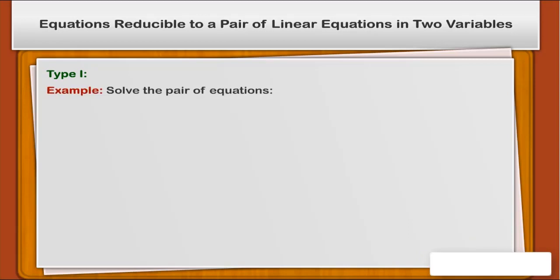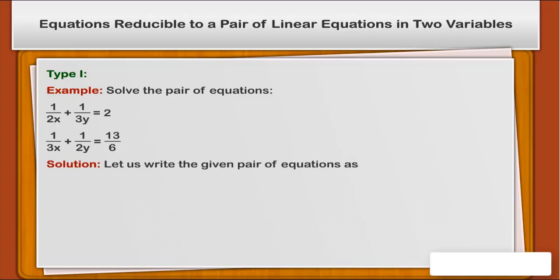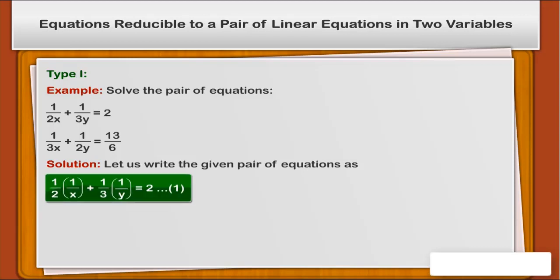Solve the pair of equations. 1 upon 2x plus 1 upon 3y is equal to 2 and 1 upon 3x plus 1 upon 2y is equal to 13 upon 6. Let us write the given pair of equations as 1 upon 2 into 1 upon x plus 1 upon 3 into 1 upon y is equal to 2.